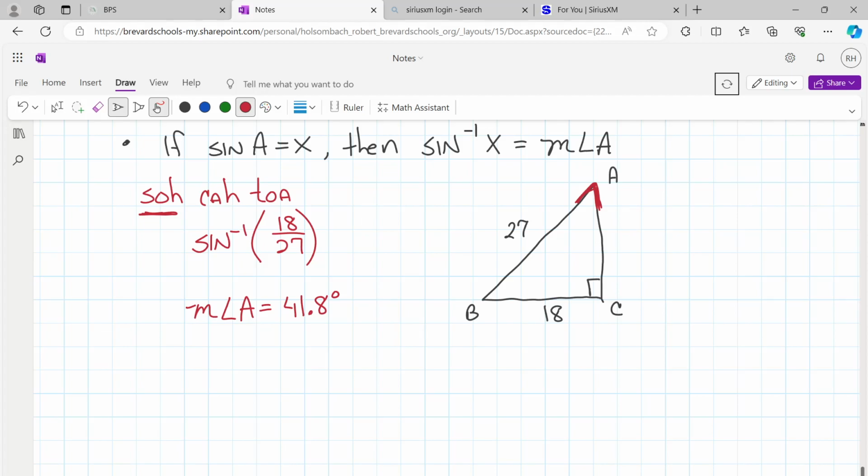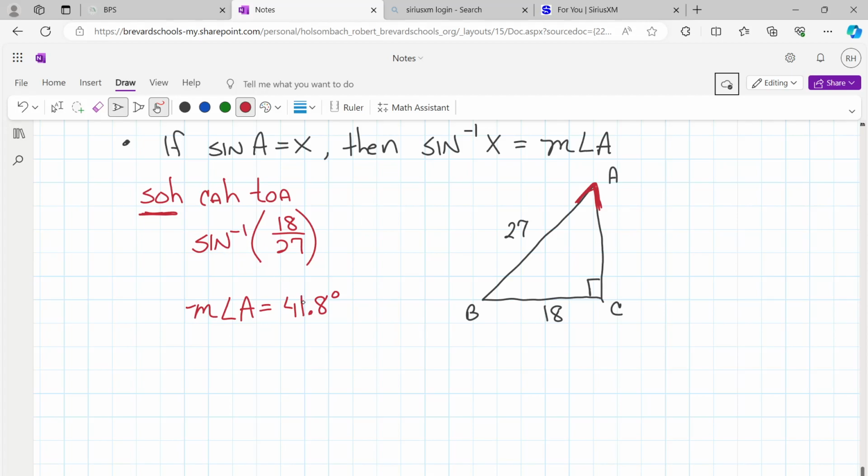Everybody see that? Type in the fraction. Hit equals. Second sine.